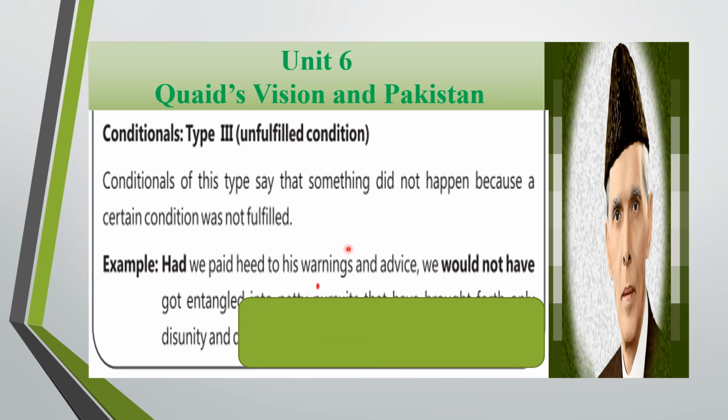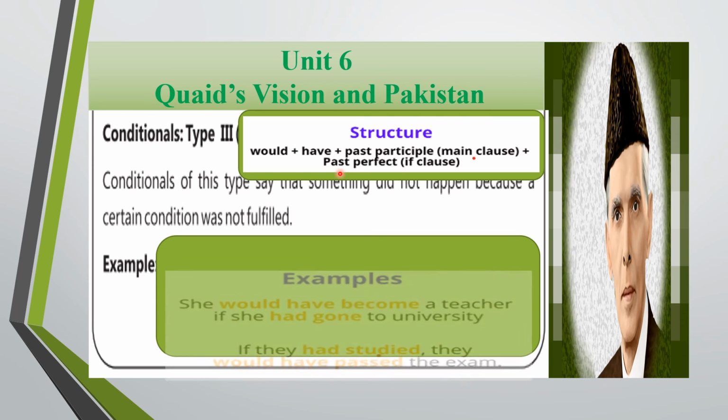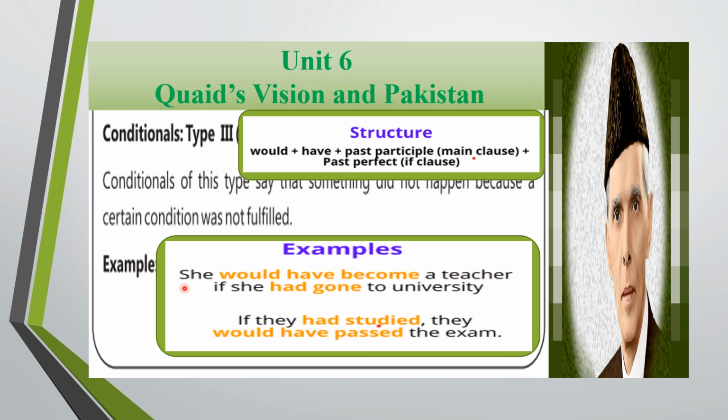Now, just to focus on the structure of conditional type 3. Look here. The main clause would use would plus have and past participle. Past participle means third form of verb. And if clause will make use of past perfect. Just to explain it with more rather simple examples, this is main clause.